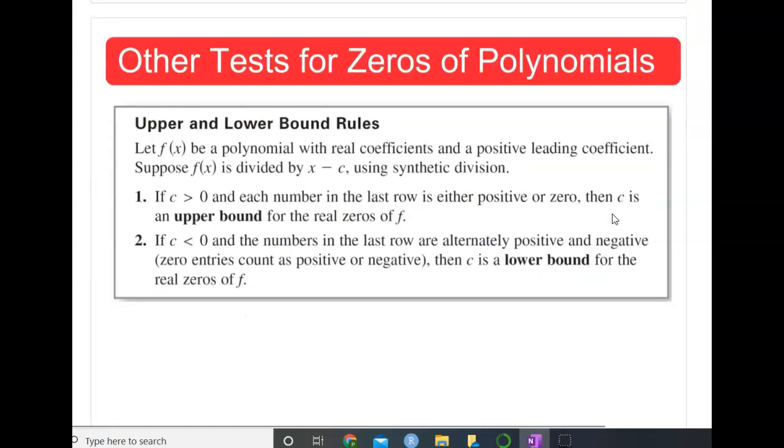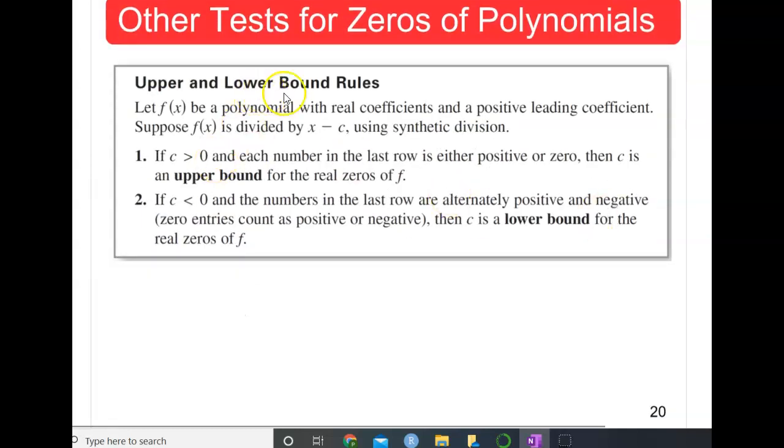Okay, so other tests for zeros: the upper and lower bound rules. So if we let f of x be a polynomial with real coefficients again, and a positive leading coefficient, suppose that f of x is divided by x minus c using synthetic division.